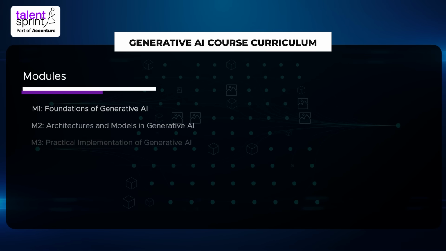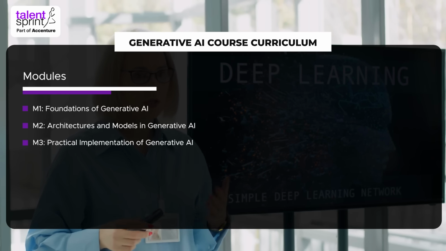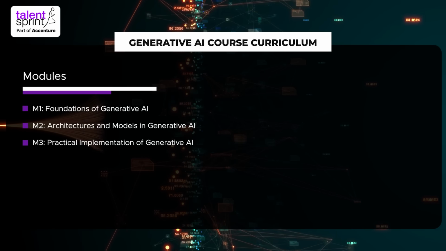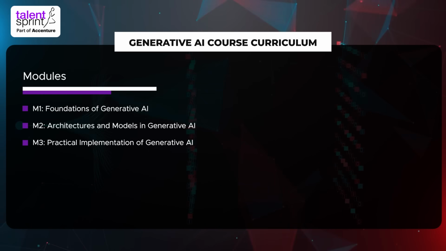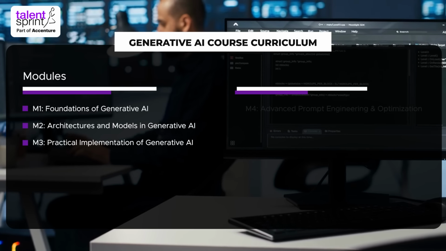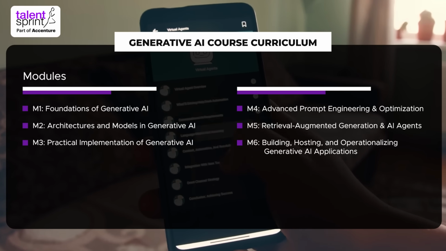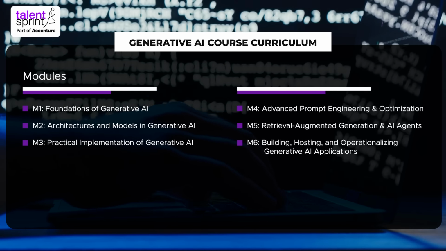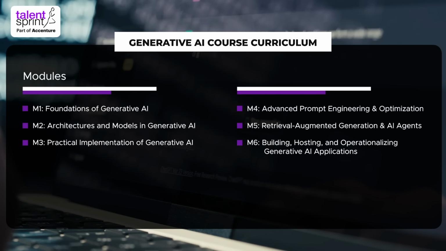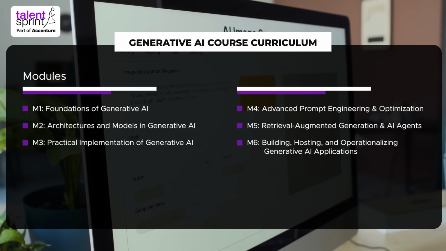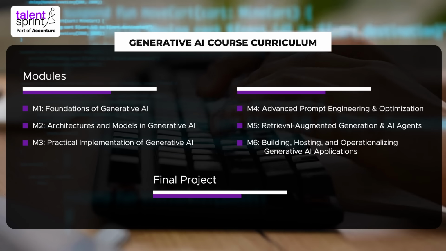We start with Module 1, Foundations of Generative AI, Module 2, which is Architectures and Models in Generative AI, Module 3, Practical Implementation of Generative AI, then Module 4, Advanced Prompt Engineering and Optimization, Module 5, Retrieval Augmented Generation and AI Agents, and Module 6, Building, Hosting and Operationalizing Generative AI Applications. After completing the modules, we have a final project.